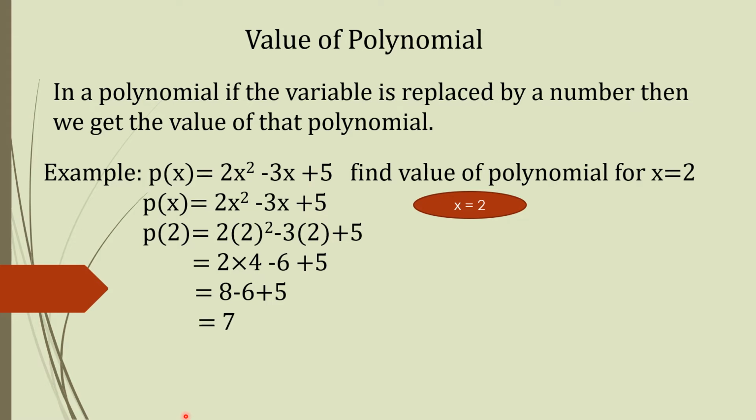So the value of the polynomial will be 7 when the variable is replaced by 2. So you'll write down p of 2 equal to 7. The value of the polynomial when x equal to 2 is equal to 7. This is what is meant by finding the value of a polynomial.